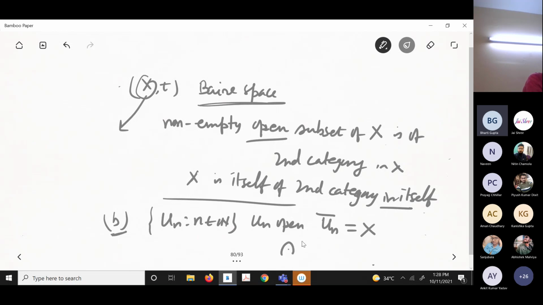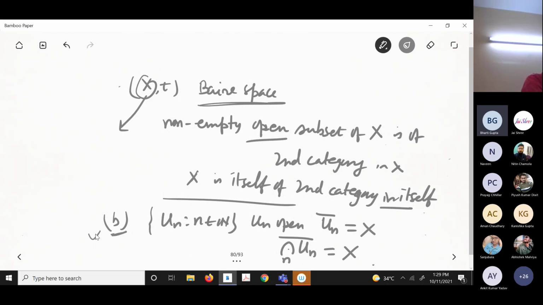Its meaning is then this: look, I'm not saying it is open, because a countable intersection of open sets need not be open. But what I'm saying is that it will be dense. Okay. That's the equivalent characterization of a Baire space.